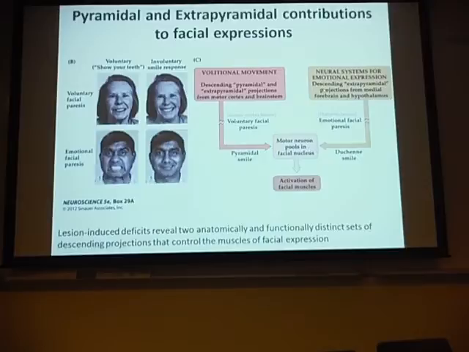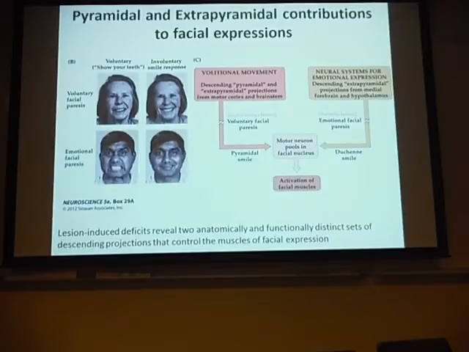So damage to either what they're calling here the pyramidal tracts, but we're really talking about corticobulbar tracts, or extrapyramidal structures outside of that primary motor system can cause changes in activation of facial muscles. And that's what the cartoon is showing us.